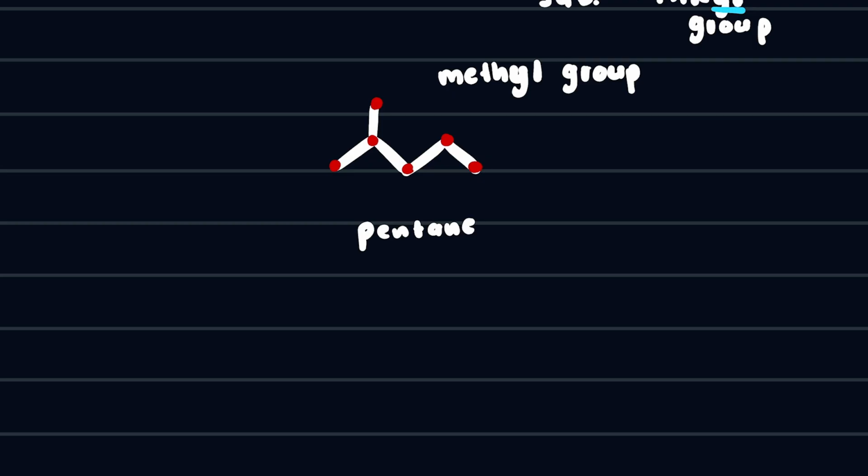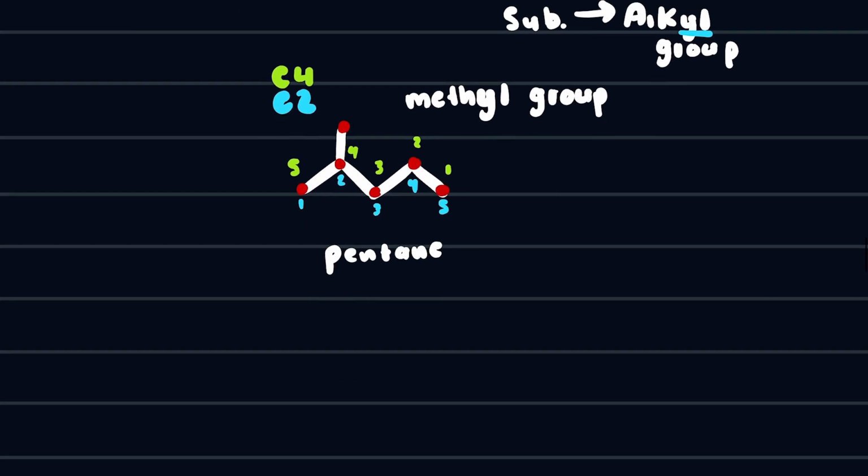Let me demonstrate. So if we go left to right, we do 1, 2, 3, 4, 5. If we go right to left, you get 1, 2, 3, 4, 5. So you could argue that the substituent is placed on carbon 4 if we go right to left, or on carbon 2 if we go left to right.